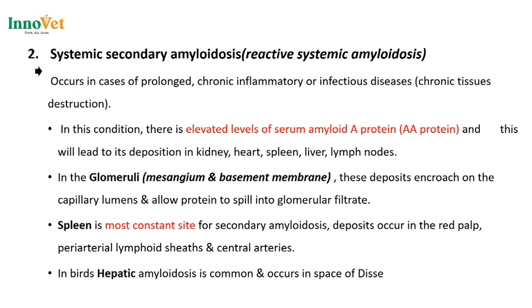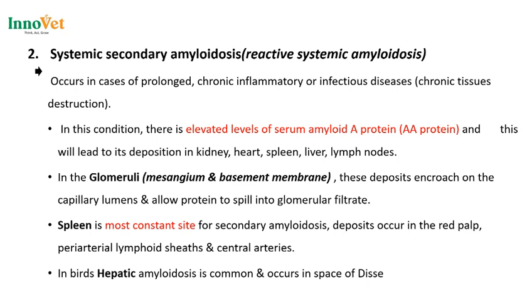But these deposits will encroach on the capillary lumens, having affected the mesangium and the basement membrane, and they will allow proteins to spill into the glomerular filtrate, leading to further disastrous effects.